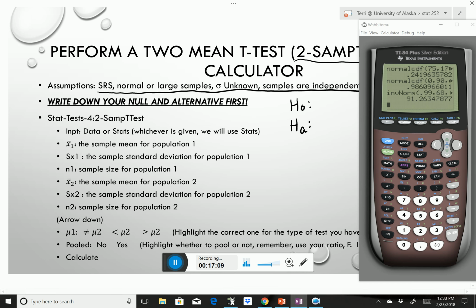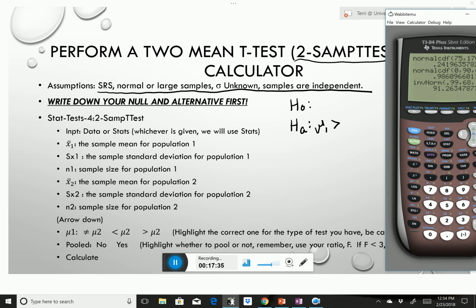So in this case, does the data present sufficient evidence to conclude that the fertilizer is making the plants grow higher than the water only? So in other words, is the mean height of the fertilized plants greater than the mean height of the not fertilized plants?